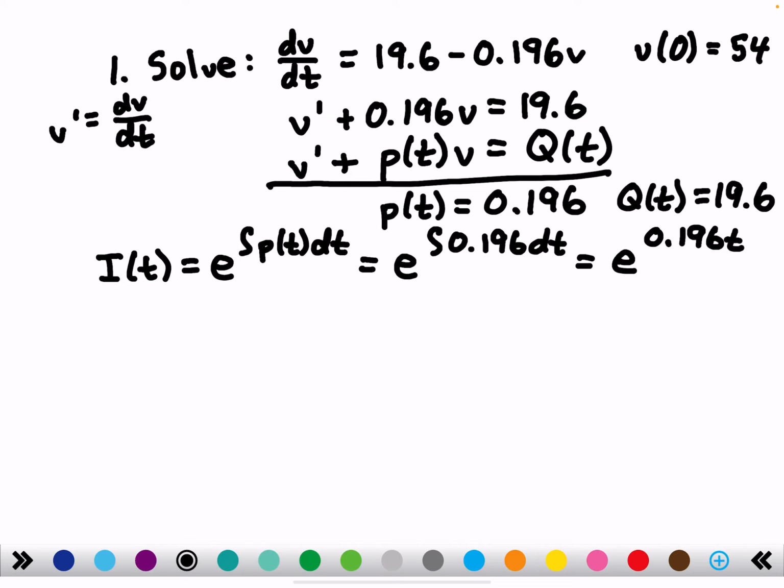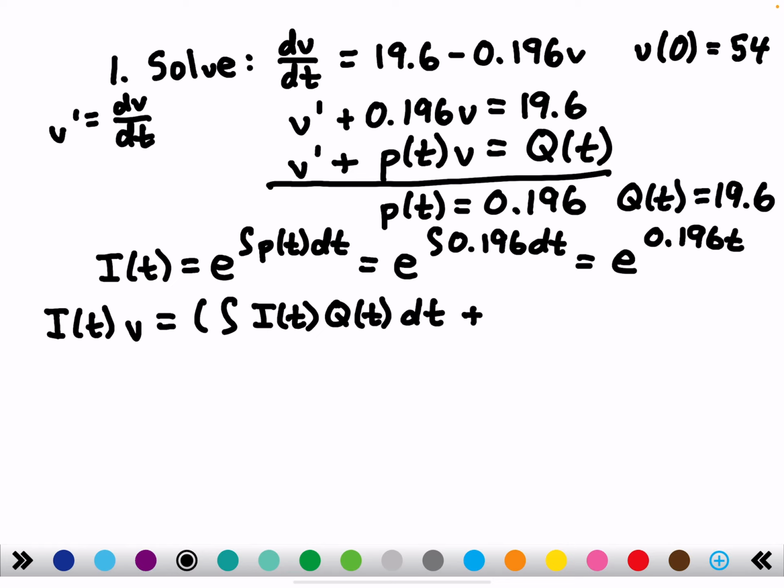Now to find the general solution, we use the formula I sub t times v equals the integral of I sub t times q sub t dt plus c. Then substitute in our information, I sub t and q sub t. I sub t is e to the 0.196 t, so e to the 0.196 t times v equals the integral.